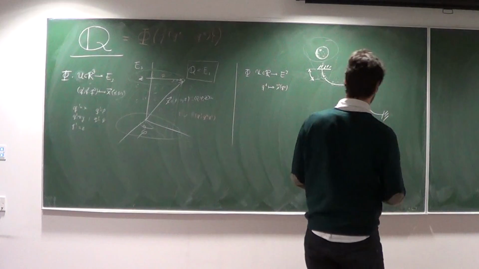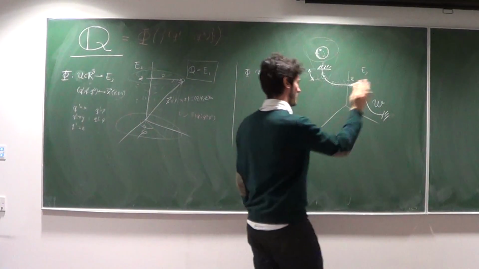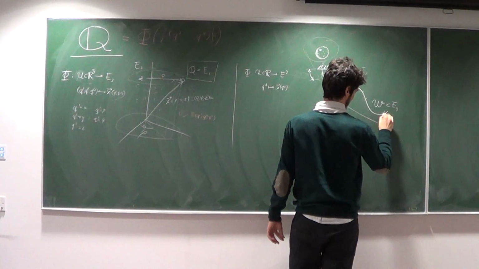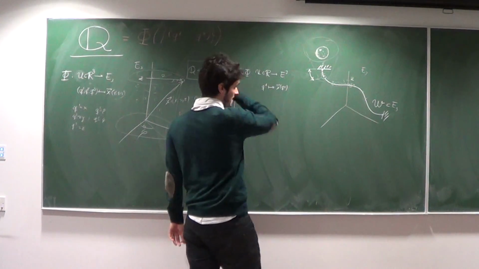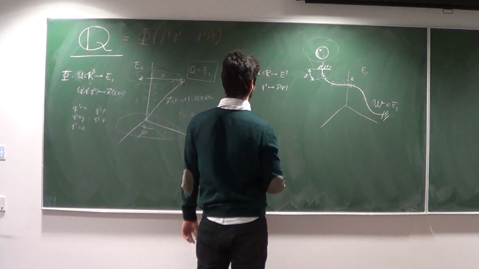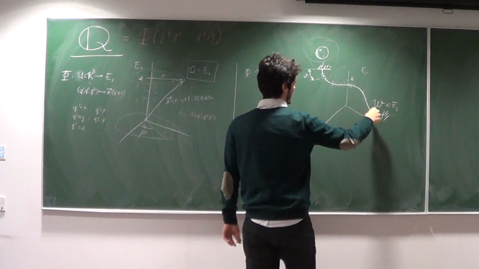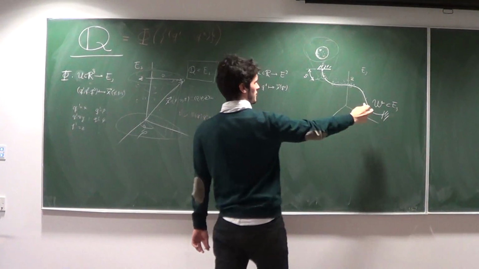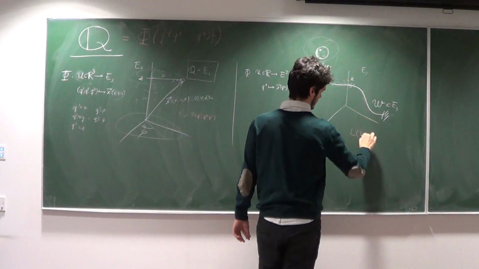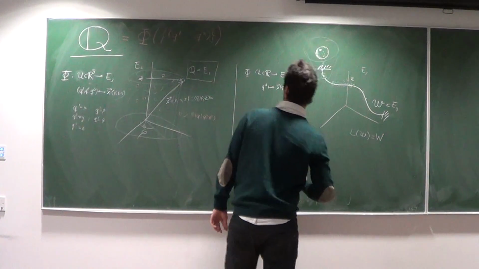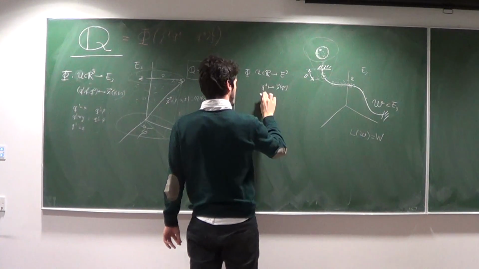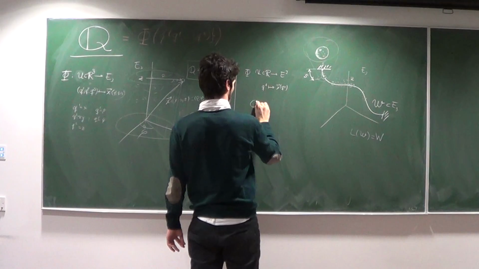Let me call the wire W, as a subset of E3, ending here and here. Let's say that we take the length from this end, and say the total length of the wire is W. Then with this particular choice of Q1, what is Q?